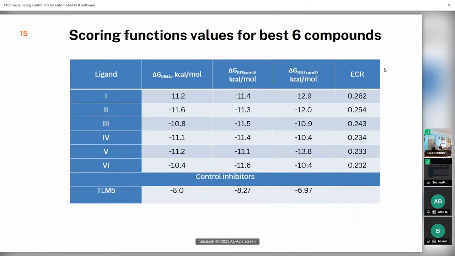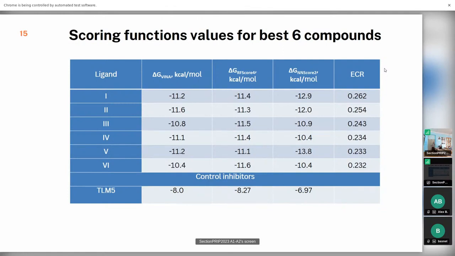And in the end, we also estimated our complexes obtained from molecular docking by other scoring functions, Score 4 and NN-Score 2, in addition to AutoDock Vina, and chose the best ones. You can see the values for the best 6 compounds that we chose.